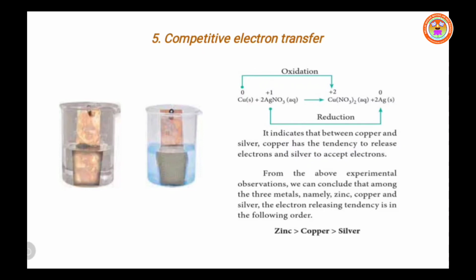But no such change is observed. Therefore, we conclude that among zinc and copper, zinc has more tendency to release electrons and copper to accept the electrons.